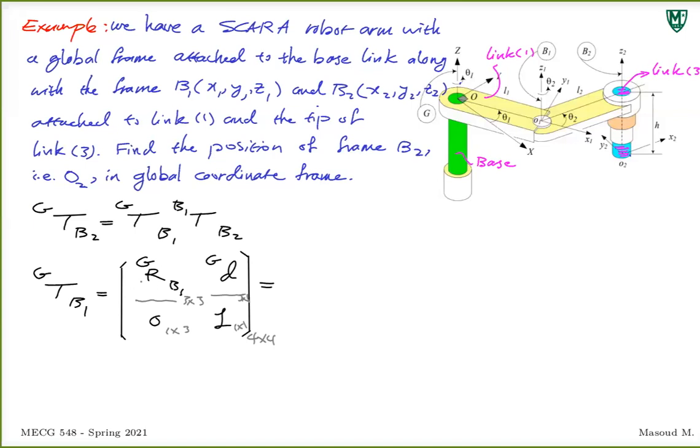So remember, in this case, G is fixed, and B1 is the one that's moving. So if I want to expand this, this becomes rotation around the z-axis. We talked about rotation around the z-axis a while ago. What is the angle of rotation there?